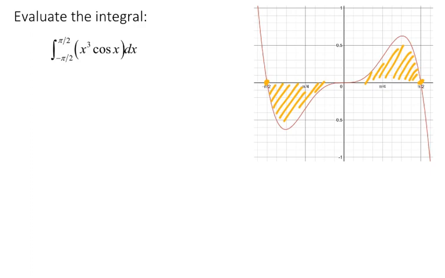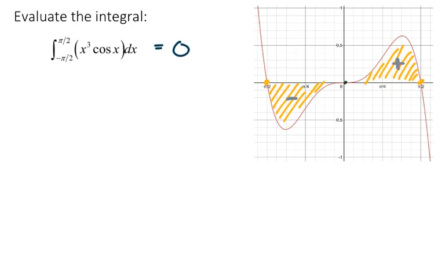So this is a symmetric integral. One thing we know is that above the axis is going to give us a positive value, and below the axis is going to give us a negative. So if these are the exact same positive and negative valued shapes, they're going to cancel each other out, and we know our integral value is going to be 0 since this is symmetric.